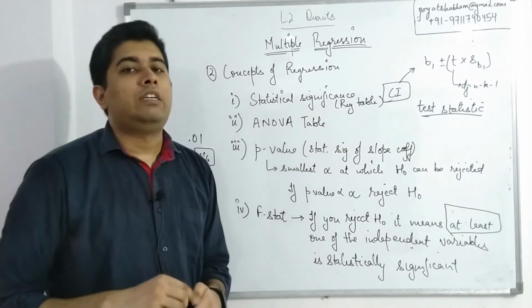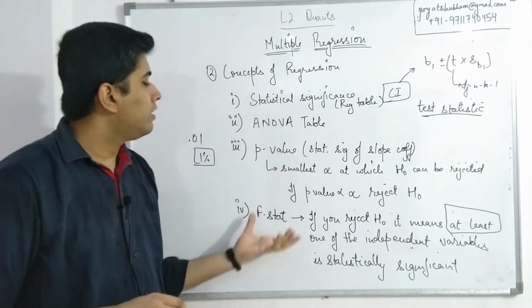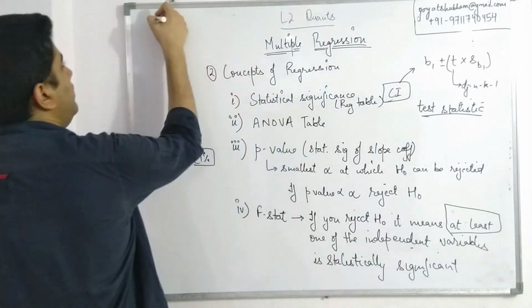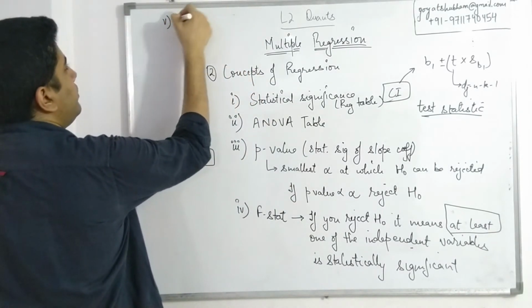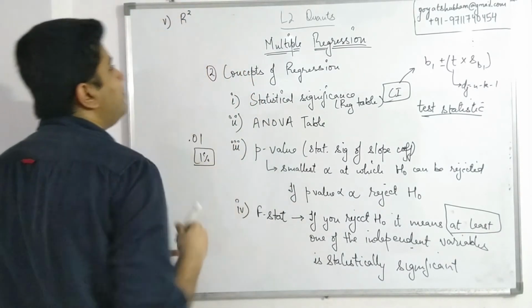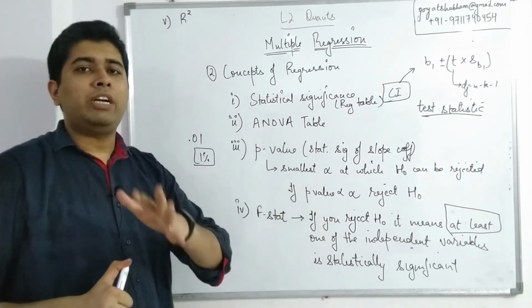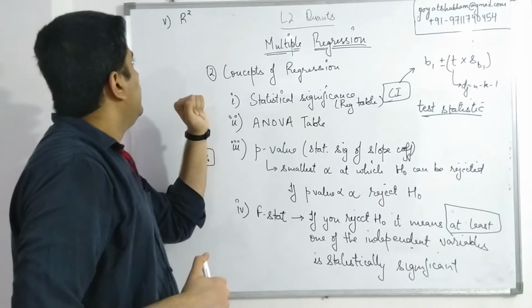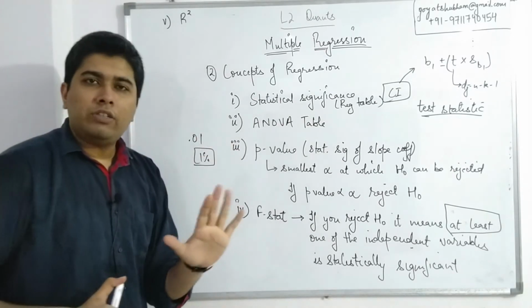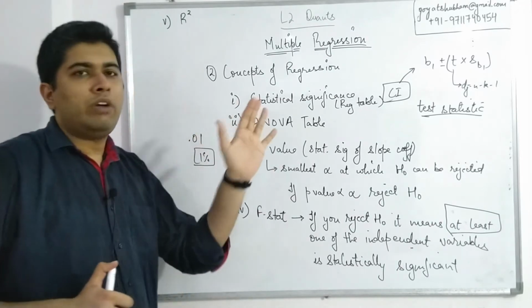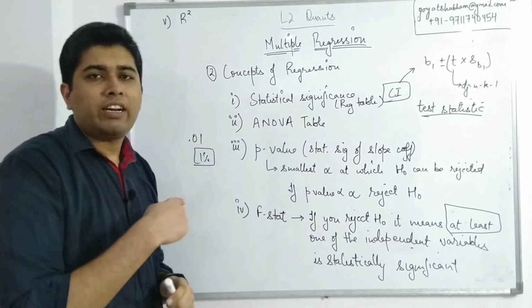The last topic that we have here is R square. So I'll just write it down over here. Fifth topic was R square. Now R square was simply regression sum of squares divided by total sum of squares. There is one particular limitation of R square that was observed, and for that we are just going to have a small equation to correct for that.